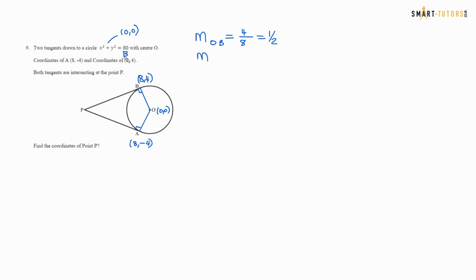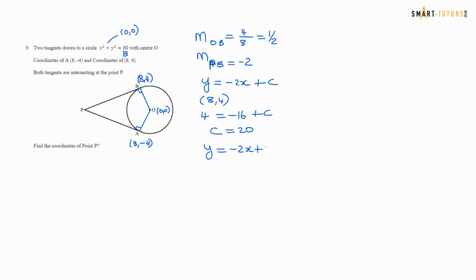So the gradient of PB is the negative reciprocal, so negative 2. So y equals minus 2x plus c. Substitute 8, 4, which is on the line: 4 equals minus 16 plus c, so c equals 20. So one of the lines is y equals minus 2x plus 20.